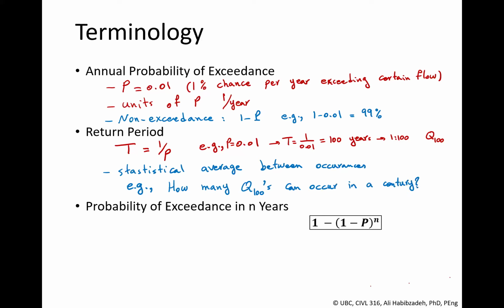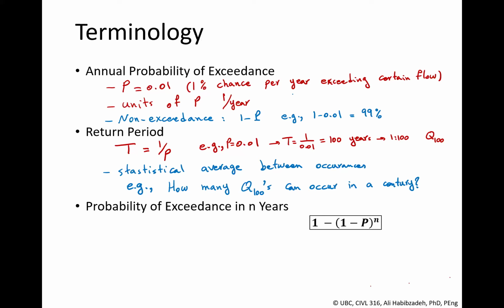So in 100 years, how many Q100s can potentially happen? 1 over that probability will be the return period. So far, P is the probability of exceedance, what's called the axis of the probability graph. I think I answered that question. And return period T is 1 over P, so it's in years, and it's the statistical average of an event like Q100 happening.